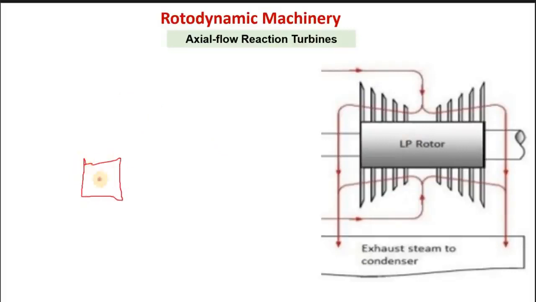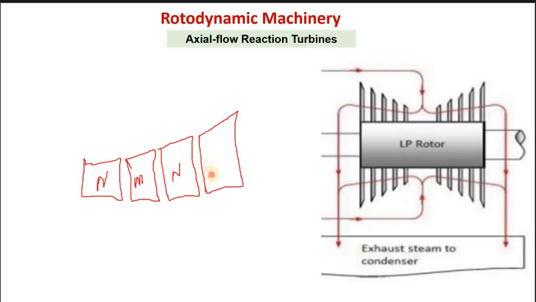So there is a nozzle, then there are moving blades. This is one stage. The second stage will consist of another row of nozzles and another row of moving blades.